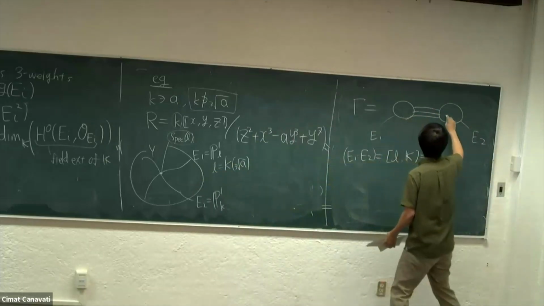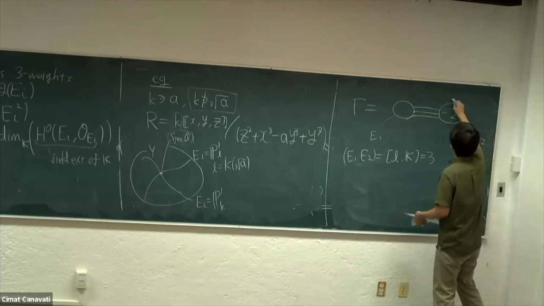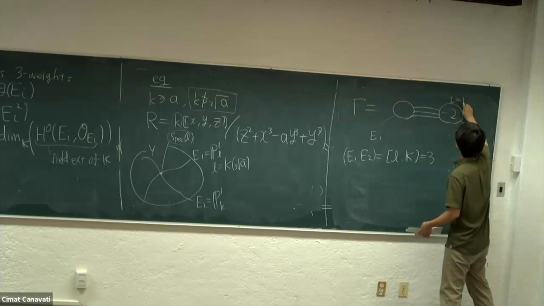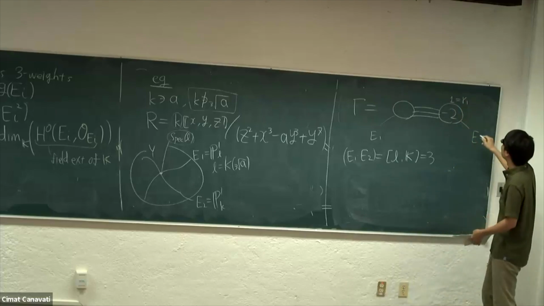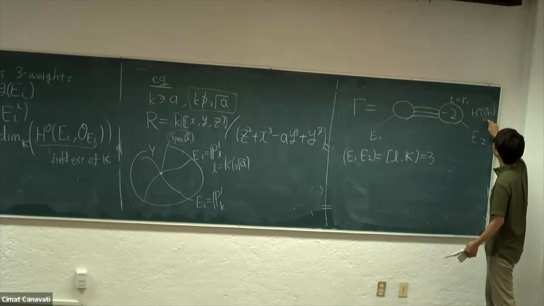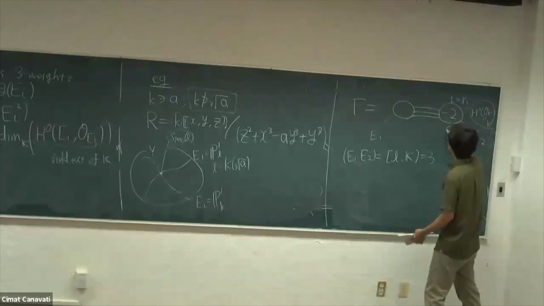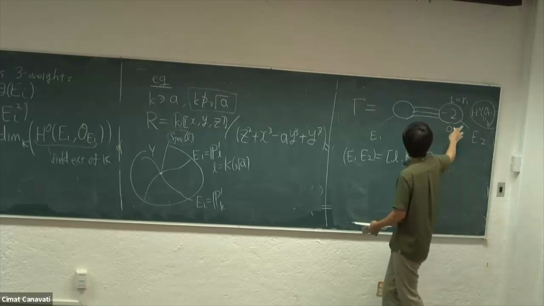Here the self-intersection number is -2, and r_1 is 1 because H^0 of E1 is actually the base field. And the genus is 0 because this is P^1.